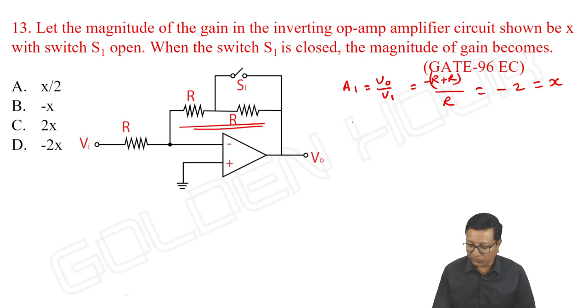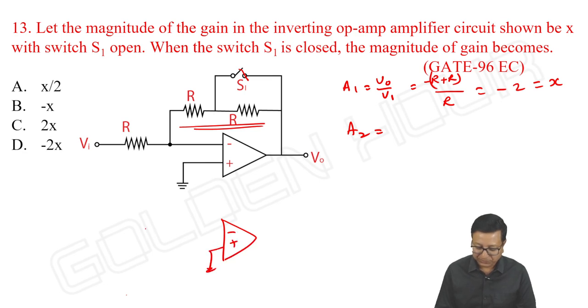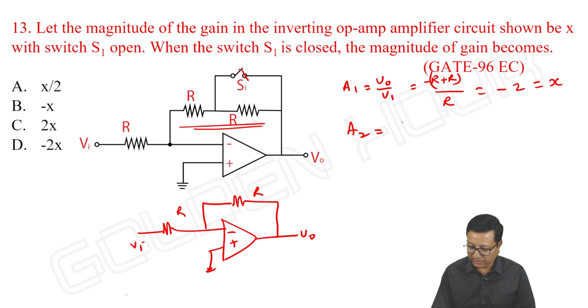When S1 is closed, friends, what is the circuit? It is a short circuit in parallel with R, it is a short circuit only. So we can take it like this: R, VI, V output. A2 is equal to minus R by R, it is minus 1. So what is A2 then? X by 2.